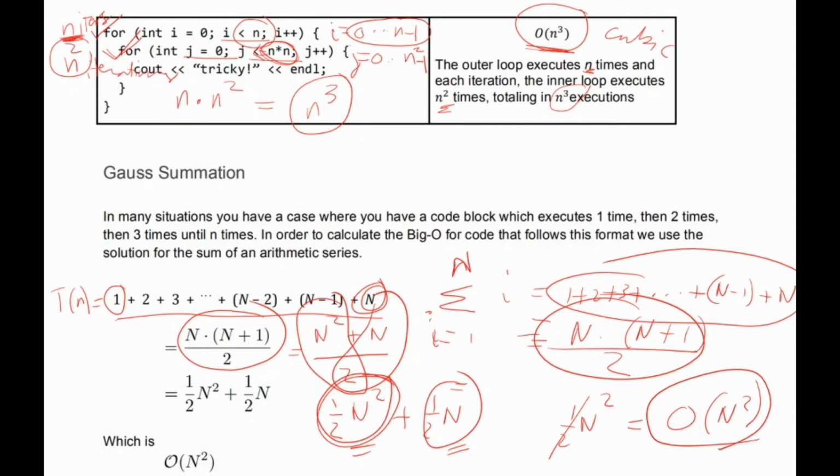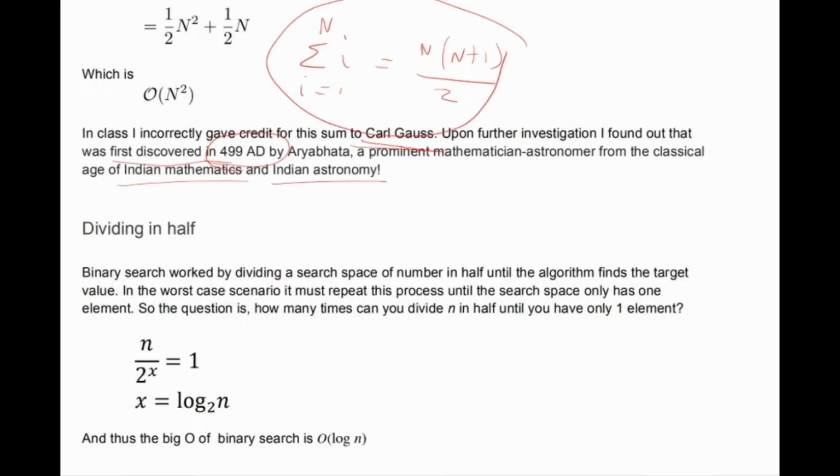Now we have here another problem, and that is the problem of dividing in half. This is called binary search. It works by dividing a search space of numbers in half until the algorithm finds the target value. In the worst case scenario, it must repeat this process until the search space only has one element.